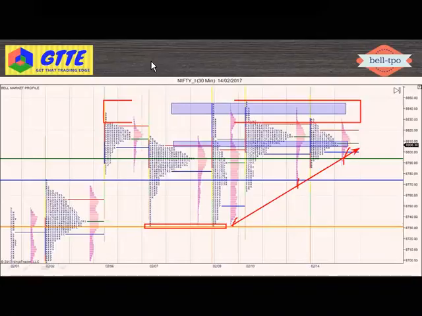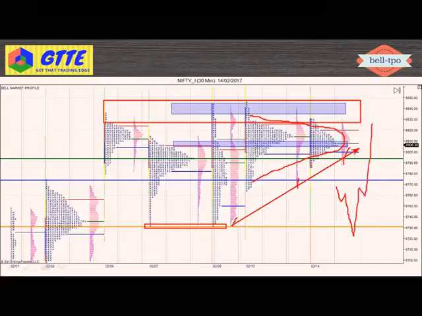But again, the conflicting information does not end here. We also have this too much time going on. So my earlier stance was either repairing this anomaly and then moving higher. We repaired it, but we could not move higher. So maybe the market needs to know what is below this weak low, and then only it might be able to move.